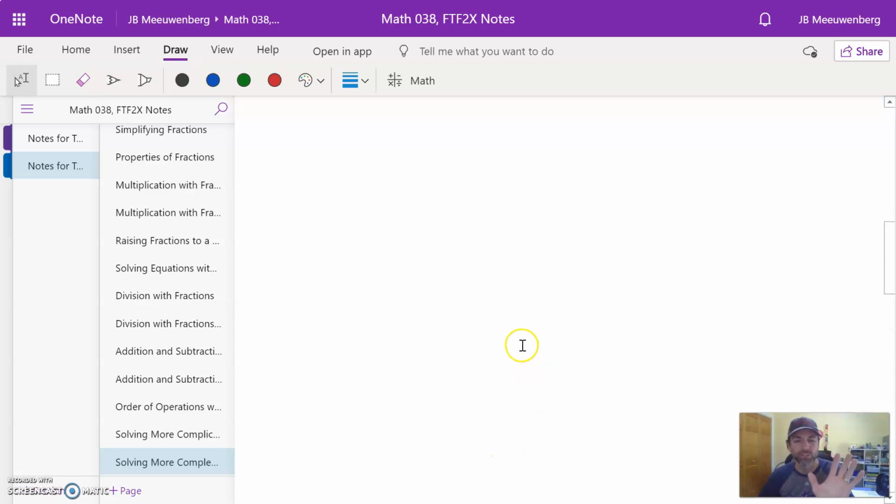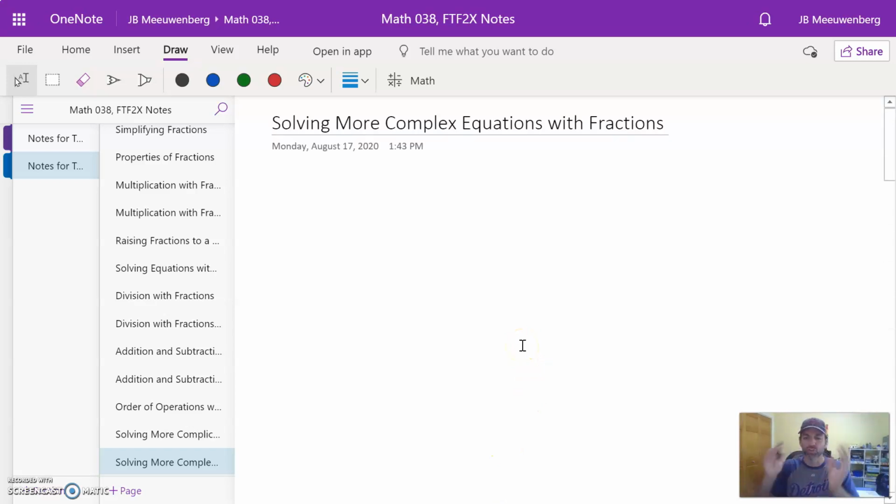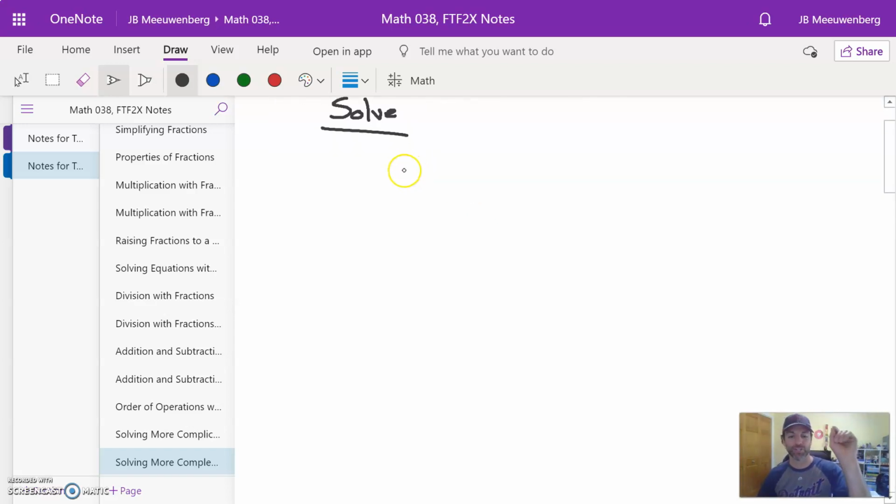We've already done this a little bit, but now they're going to be a little bit more complex, so we might have multiple steps to do along the way. So solve, which you remember means find the value of the variable that makes the equation true.